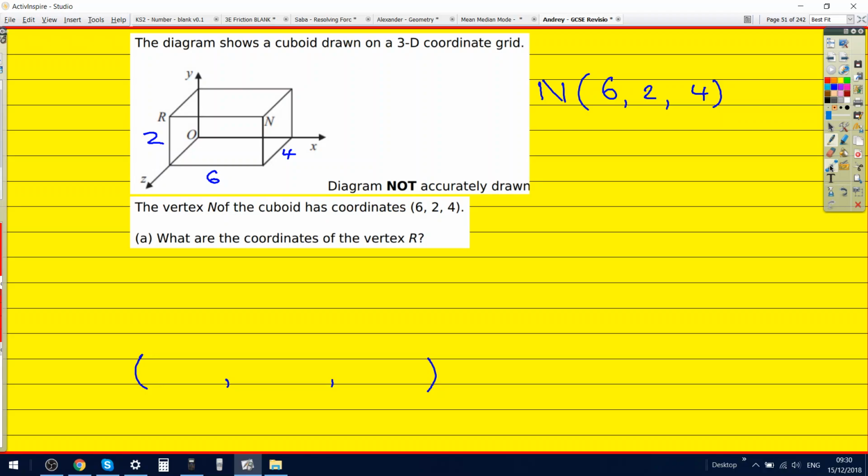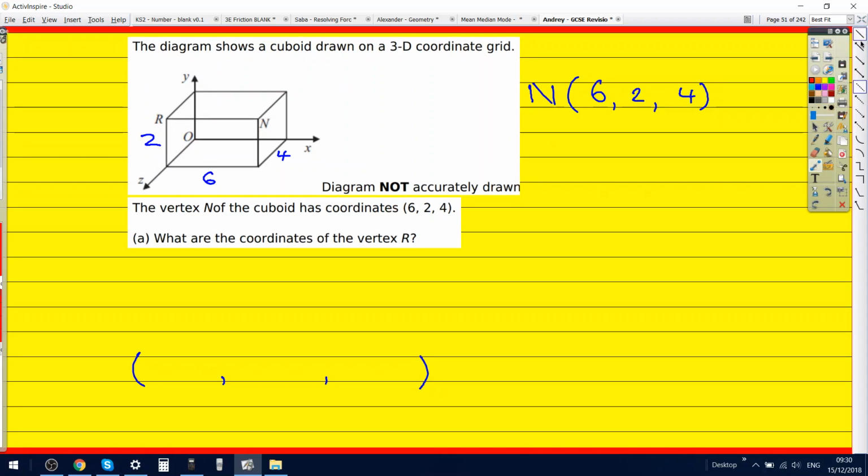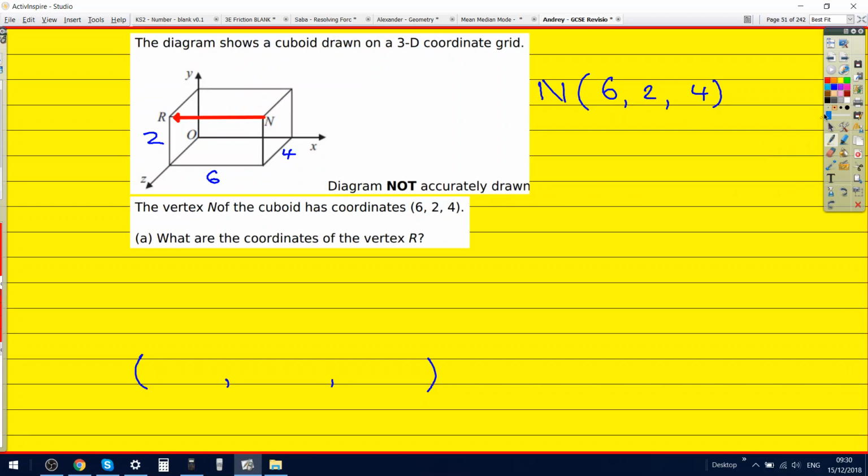So yeah, imagine you went from, so we already know N, so what would change if you went from N to R? Is N to R like 6, 0, 0? Right? And so how will that change the coordinate? You wouldn't go on the Y or Z axis. So what coordinate will change? You've got N is at 6, 2, 4.